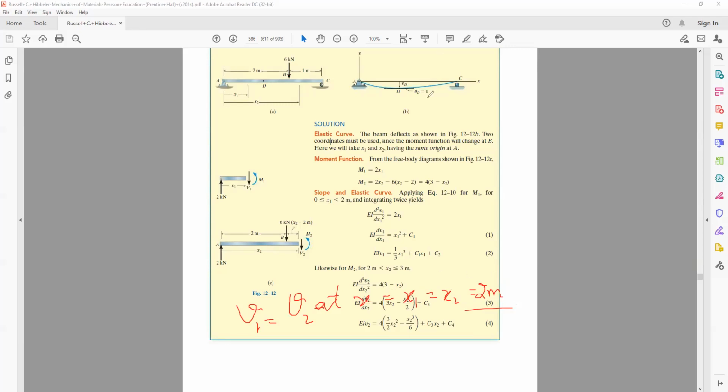Number two: the deflection curve essentially looks like this. Now if we draw the tangent to the curve at x equal to 2 meter, that tangent should have the same slope.